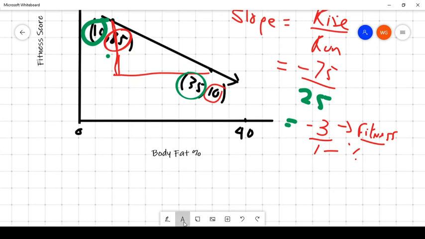Okay, here's what it means. From the slope, we can interpret the following. Okay, so let's write that out.